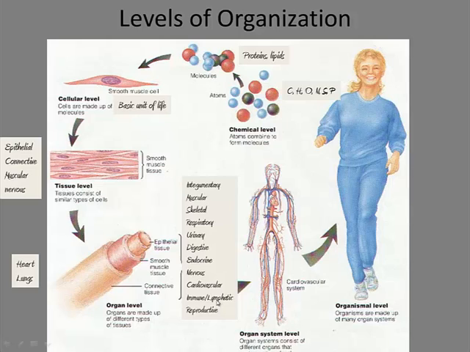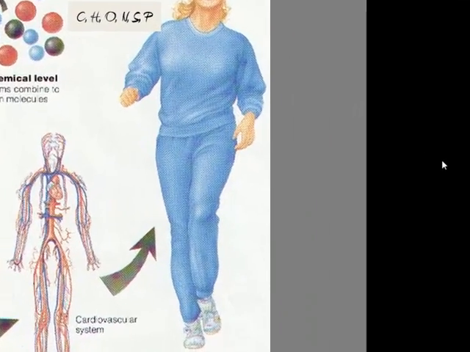And then the reproductive system would be the uterus in the female, or the ovaries and the testes in the male, and it is going to function for reproduction of the human. You take all those organ systems, put them together, and you have the organismal level, or the organism.